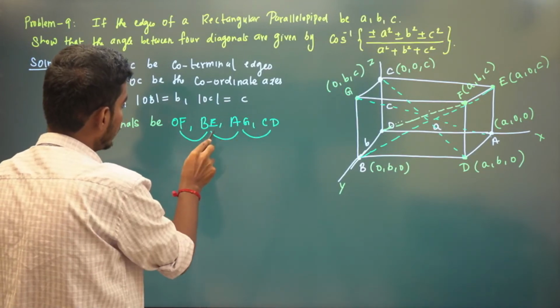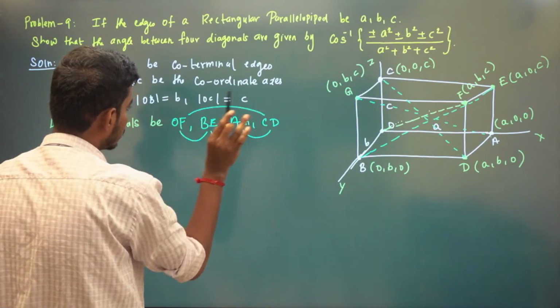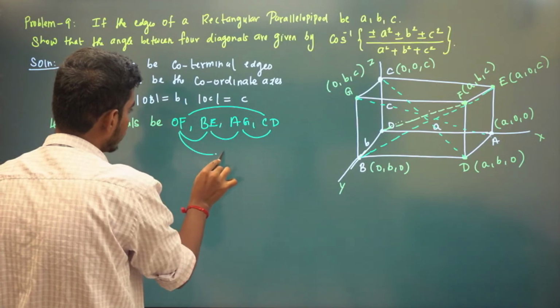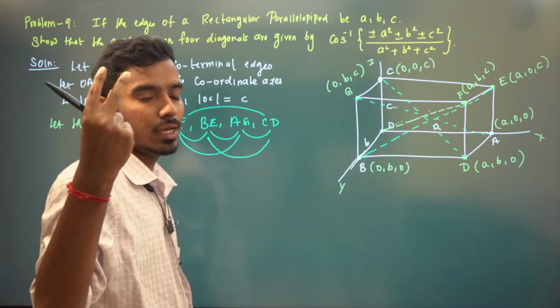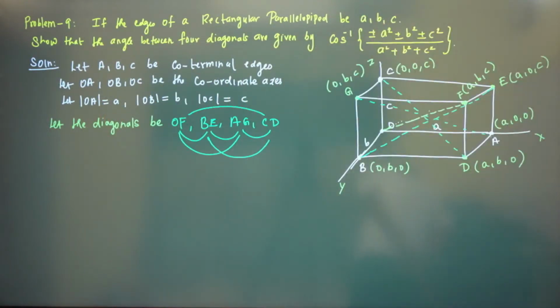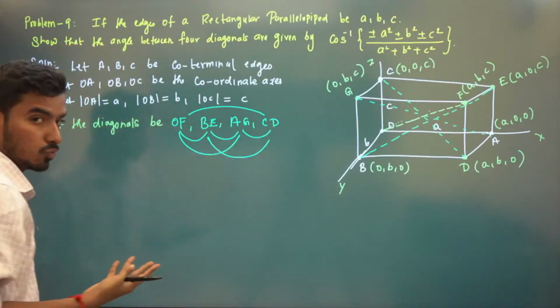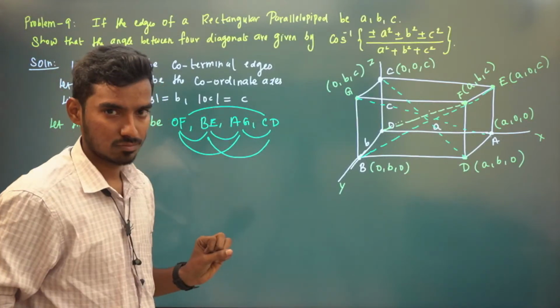So we have 1, 2, 3, 4. How many two-element subsets can you form with four elements? It is nothing but 4C2. So 4C2 is 6. So you will have six possible cases, right?